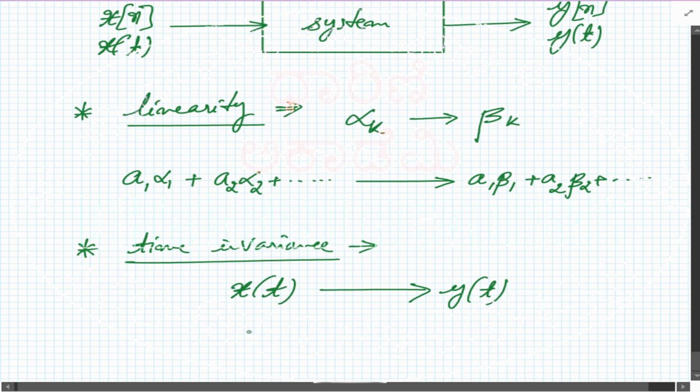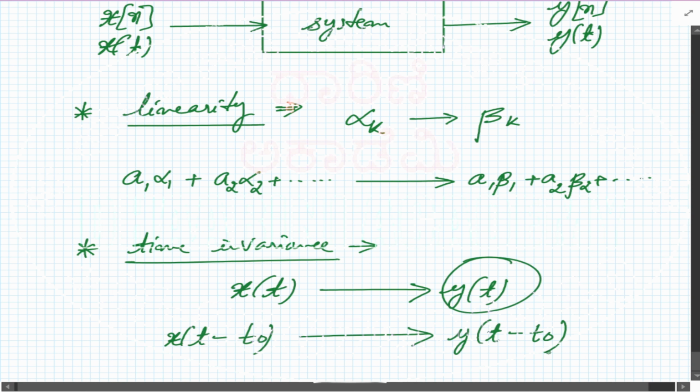Now I add 12 hours to that: x of t minus t naught, a shift in time. The output should also get shifted by the same amount of time, with no change in amplitude. So if x of t is shifted by 12 hours, or 24 hours, tomorrow, the output will also come tomorrow itself, with the same amplitude we had earlier.